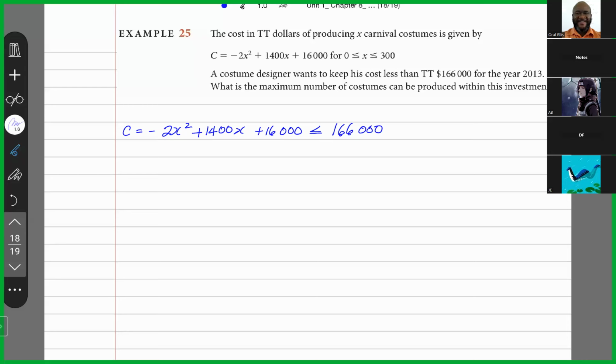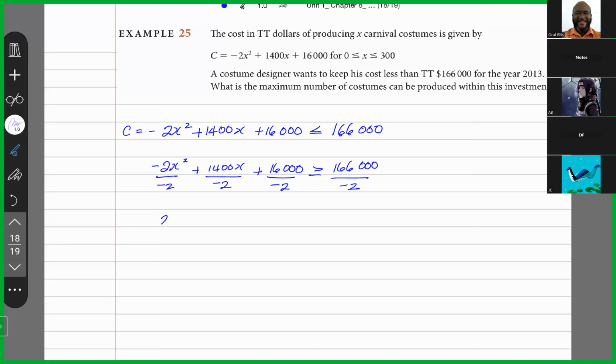All right, so solving. Let's start by dividing the entire inequality by minus 2. So minus 2x squared over minus 2 plus 1,400x over minus 2 plus 16,000 over minus 2 is greater than or equal to 166,000 over minus 2. Remember, if you divide an inequality by a negative number, you must change the inequality sign.